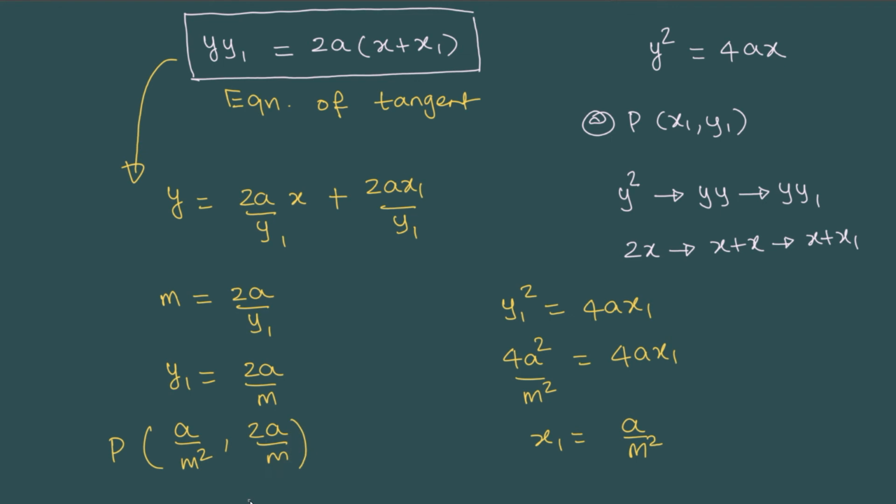And the equation of the tangent, okay, so 2a by y1 is m, and then x1 is a by m square. So what do you get here? If you substitute, you should get a by m. So the equation of the tangent can also be written as y is equal to mx plus a by m.